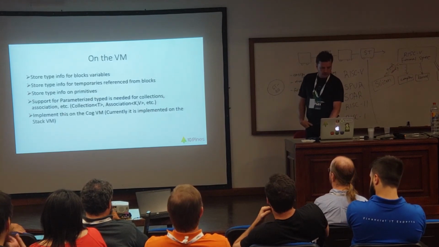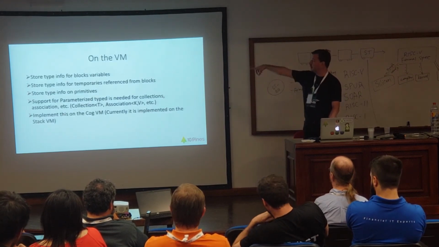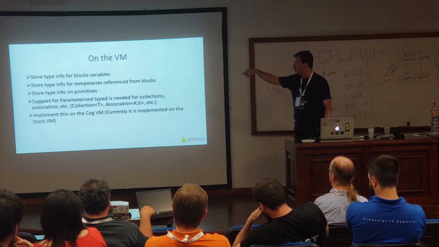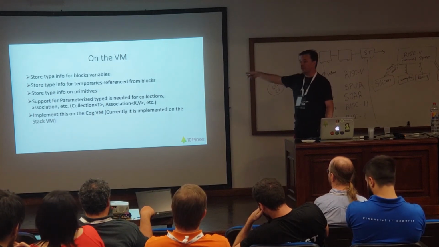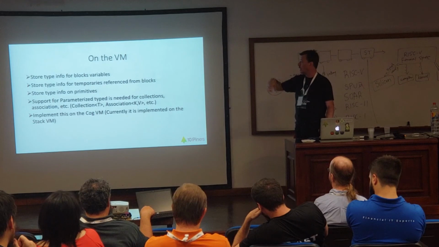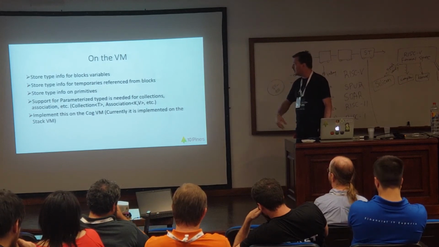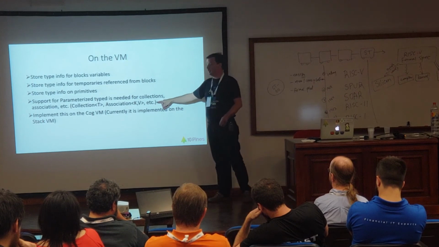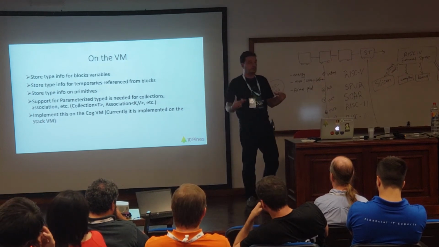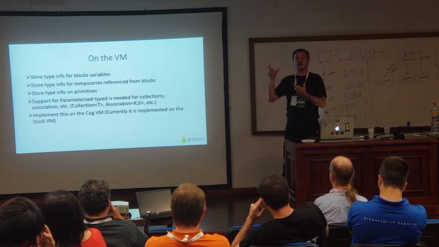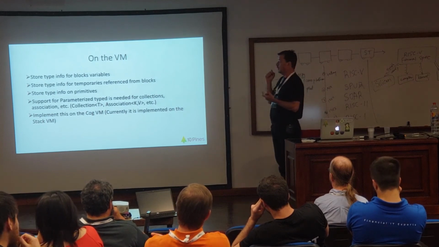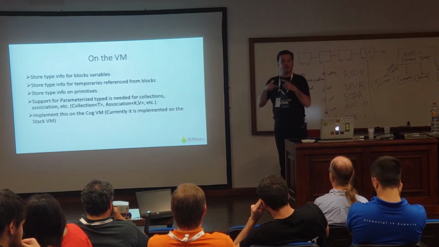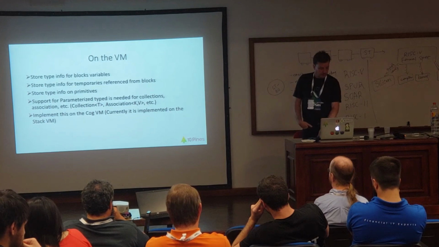Future work, there are a lot of things to do. For example, I'm not storing types from variables in blocks or temporaries that are referred from blocks, nor primitives. There's some work to do for collections and to start parameterizing types, because right now it says it's a collection, it's an ordered collection or a set, but it doesn't tell you anything about the type of the elements of those collections.